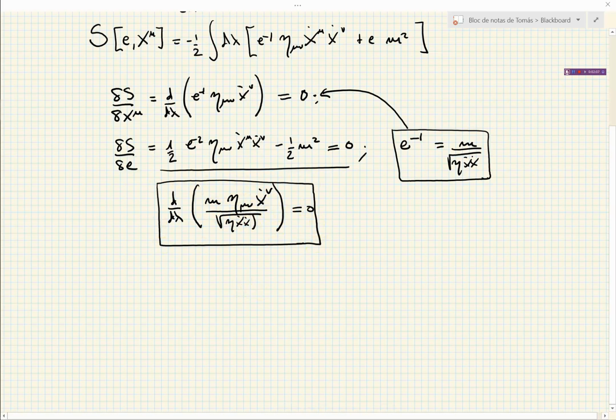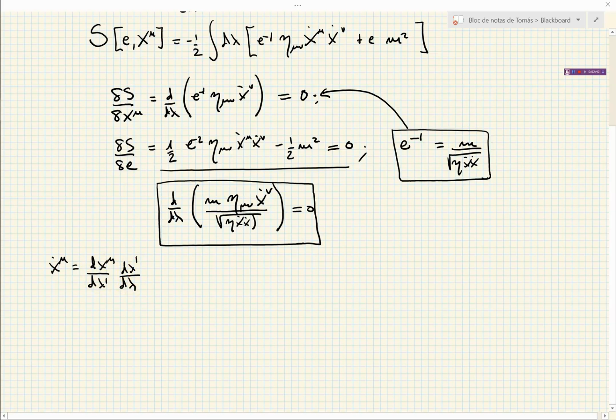The only thing that we can worry about using this new action is the invariance under reparametrizations, because clearly this action is invariant under Poincaré transformations. So what happens if we transform the variable λ into a λ'? We have that ẋ^μ will be something like this.